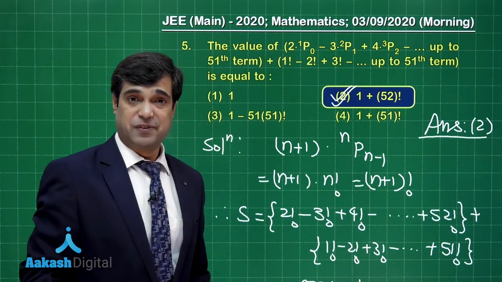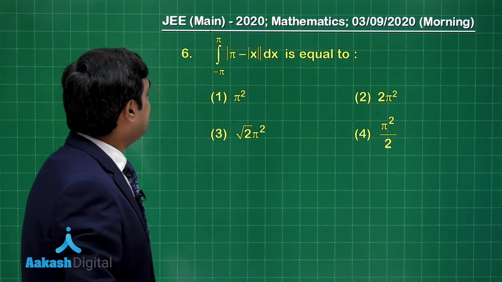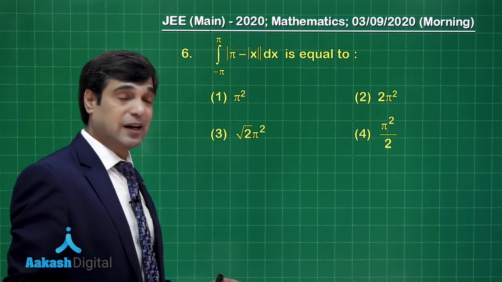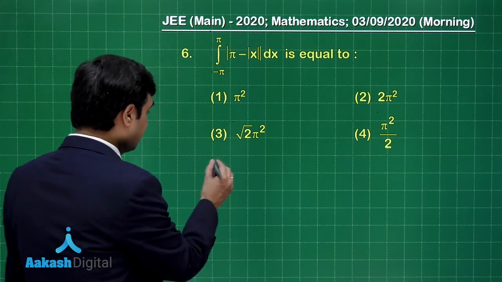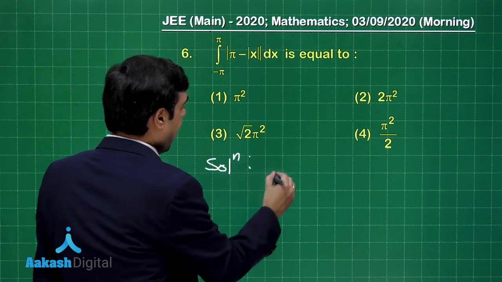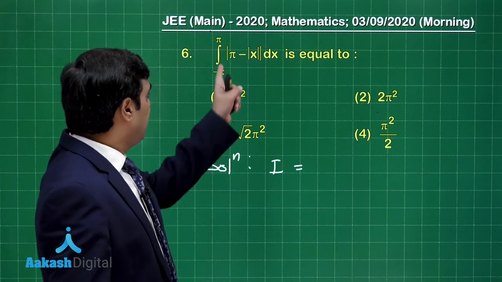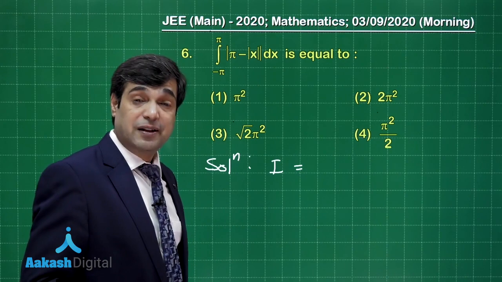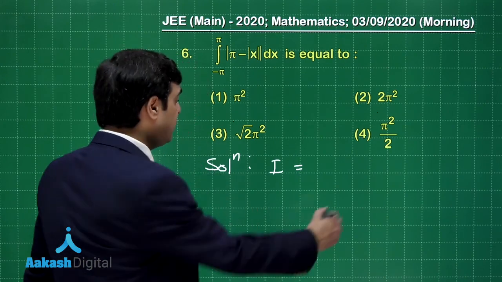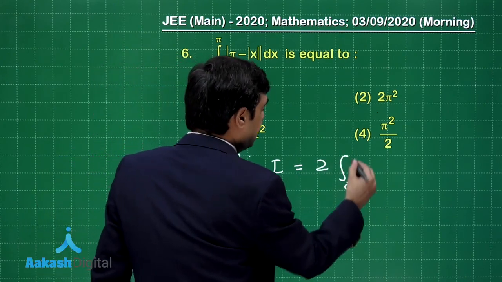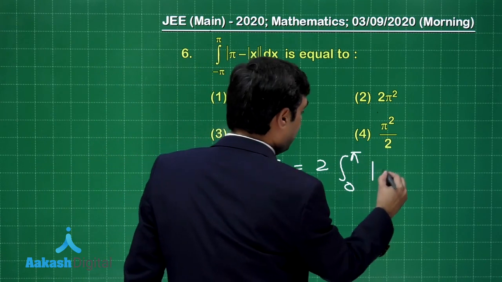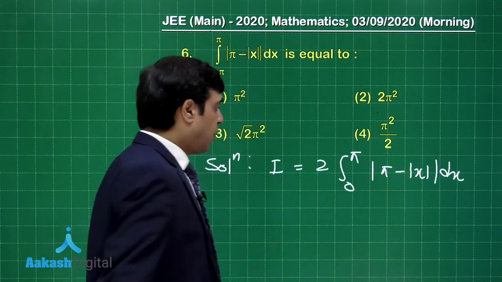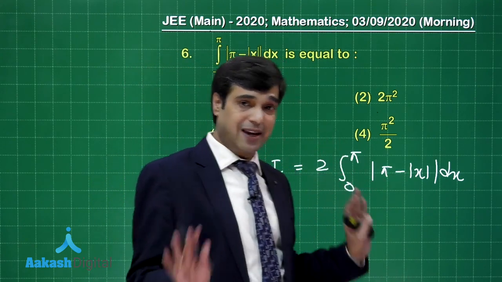Time to move on to the next one now. Integral minus pi to pi, mod of pi minus mod x dx is equal to. Let's try out this question. I equals, when you replace x with minus x, this internal term is unchanged. That means it is even. When it is even, you can write it twice of 0 to pi, mod pi minus mod x dx. Now when it is 0 to pi, clearly mod x is x.